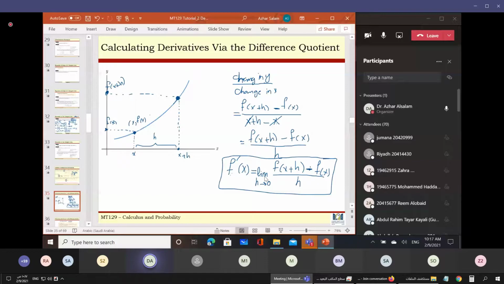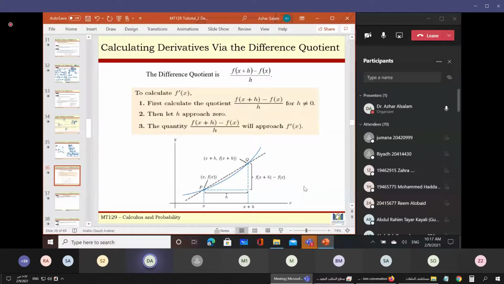Taking the limit when h approaches 0 is actually only substituting h with 0. Of course, I can't substitute immediately since I will have a 0 in the denominator, which is undefined. But with simplification, I will have a defined value.